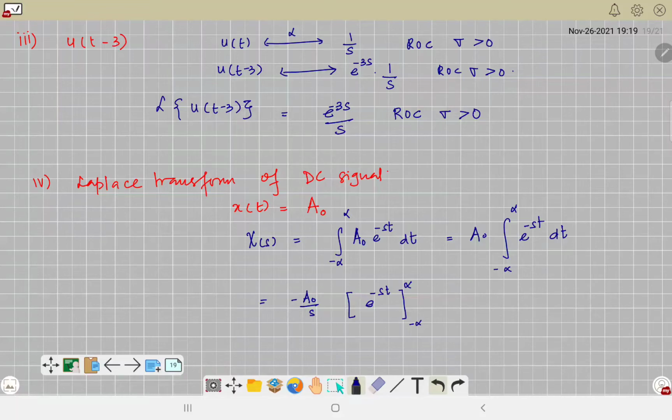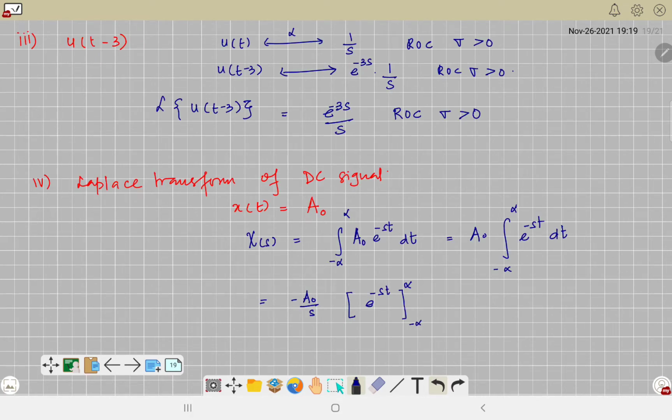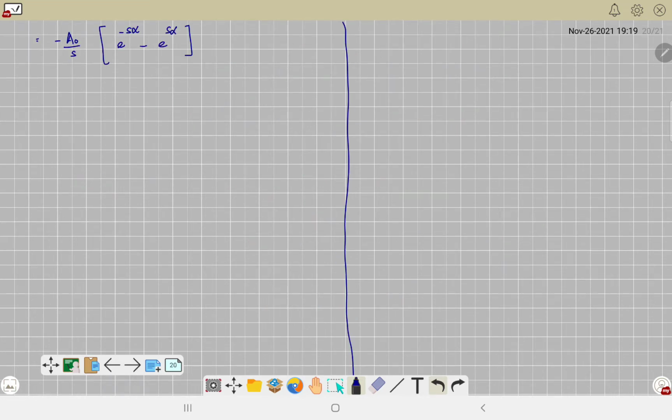So that means it is minus a naught by s times e raised power minus s infinity minus e raised power s infinity, as the upper limit is infinity and lower limit is minus infinity.